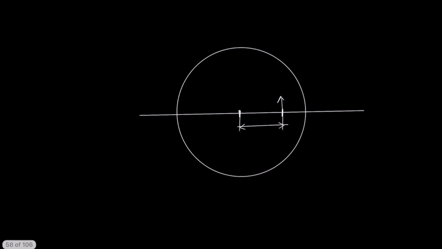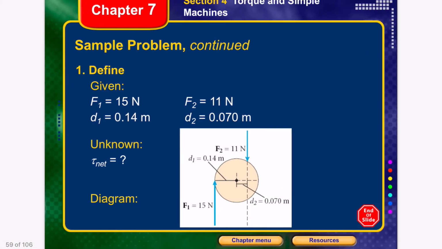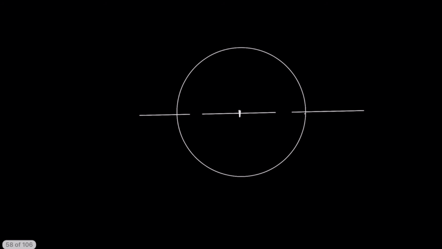Remember that a tip-off involves both players pushing on opposite sides. So let's consider that one player is pushing it here, and another player is pushing it here.